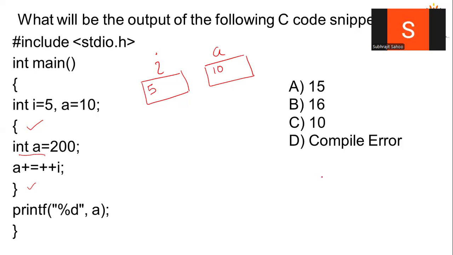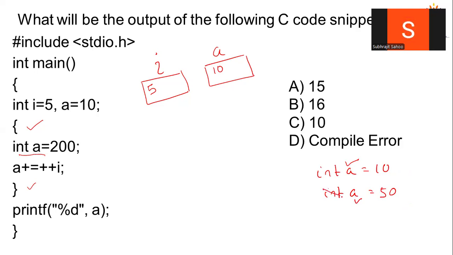What I told: suppose int a = 10 is written. If we write int a again, suppose 50, then immediately compiler error, syntax error. This type of double declaration of a and a is an error.